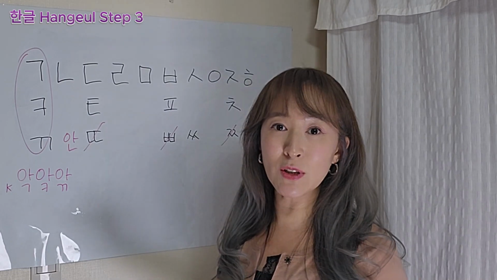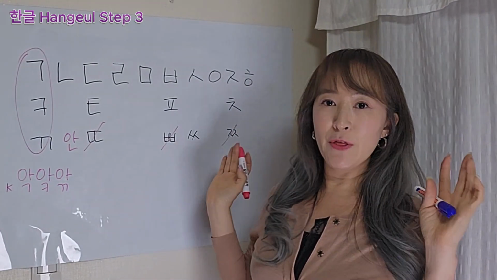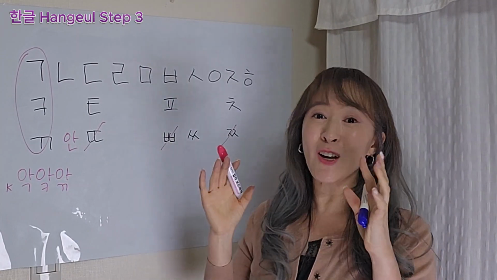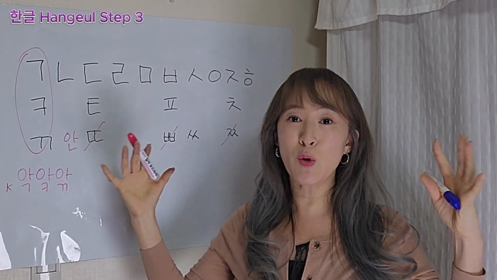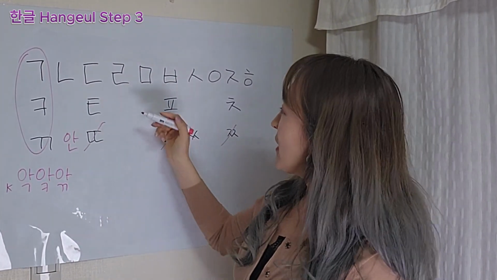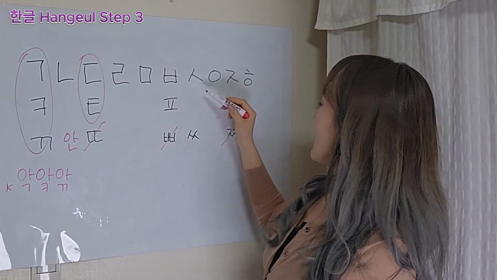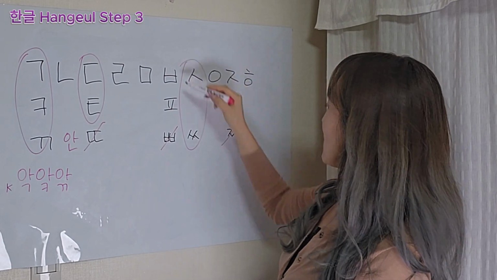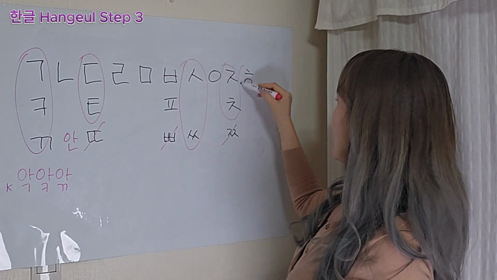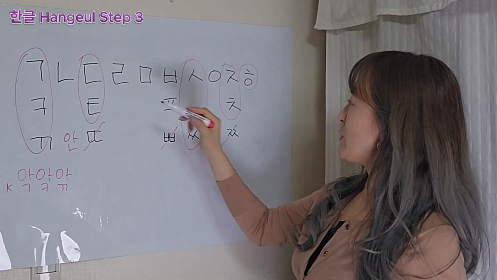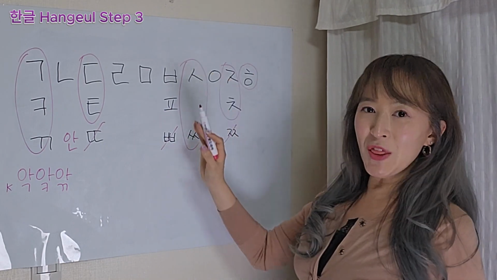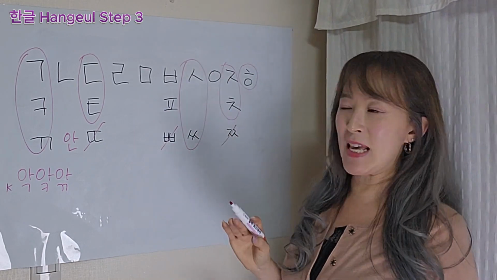So same sound. And the third sound is actually the biggest group, which is this here, and these here, and this here. So 1, 2, 3, 4, 5, 6, 7. All these have like the T sound.